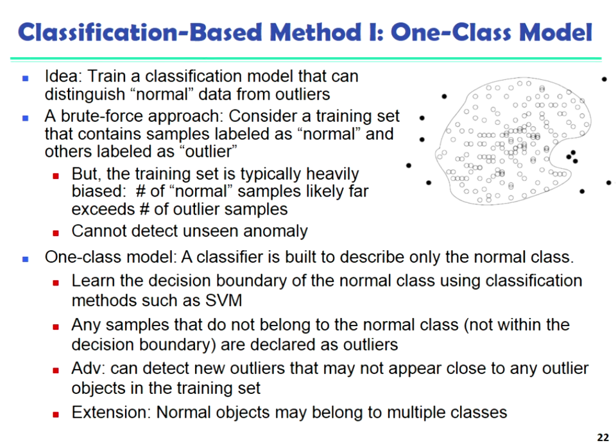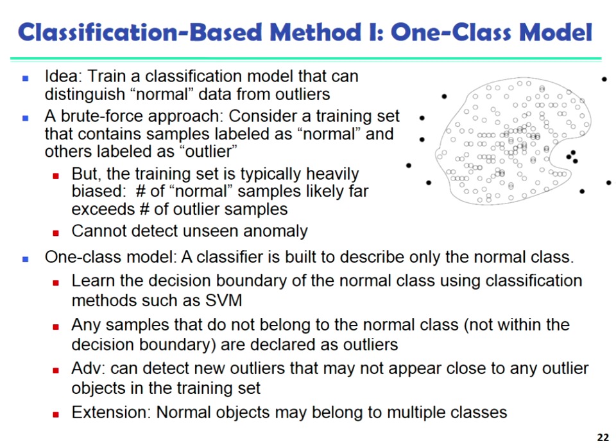For this reason, with the one-class model, a classifier is built to describe only the normal class. We will learn the decision boundary of the normal class using a classification method, such as support vector machine methods. Any sample that does not belong to the normal class is declared an outlier.